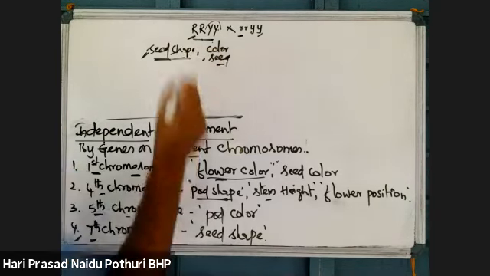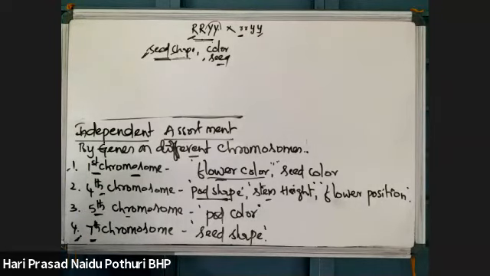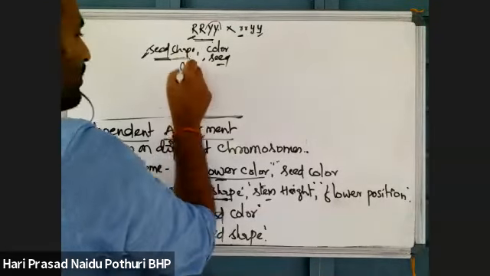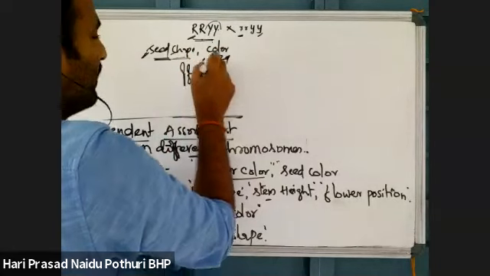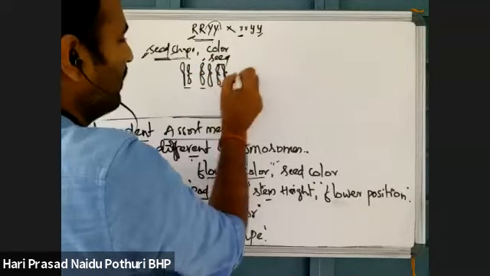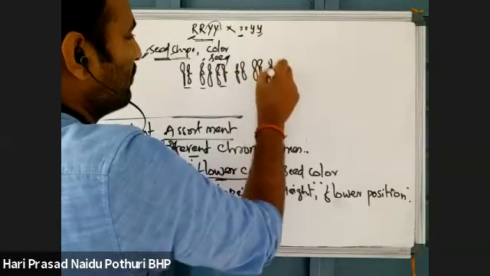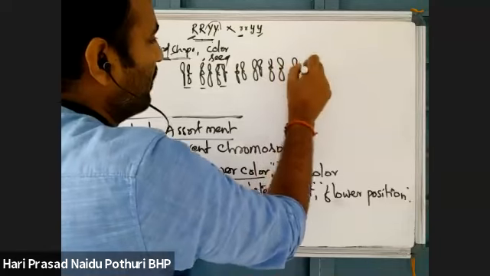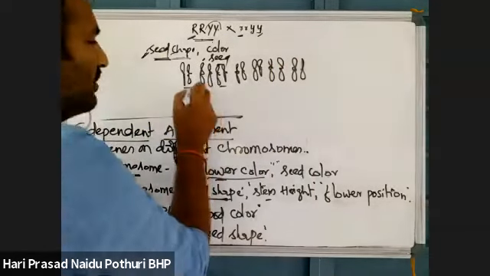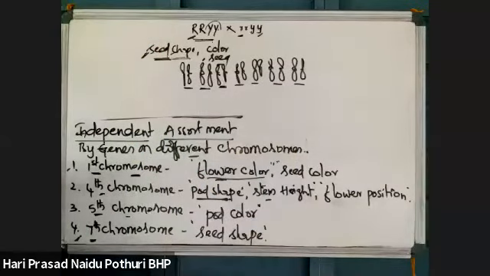And the seed color character is present on the 1st chromosome. Yes. So here 7 chromosome pairs will be there. This is one pair, one pair, one pair, one pair. Totally 7 chromosome pairs are there.